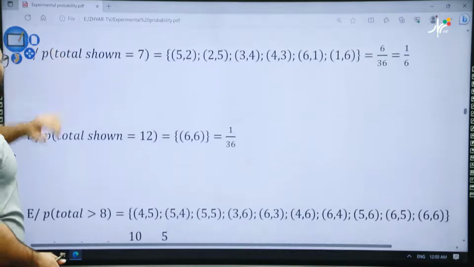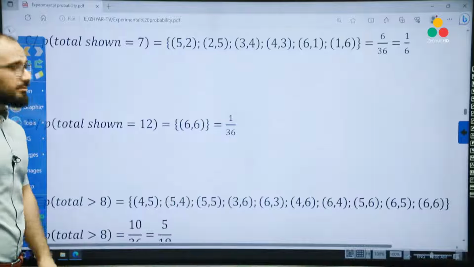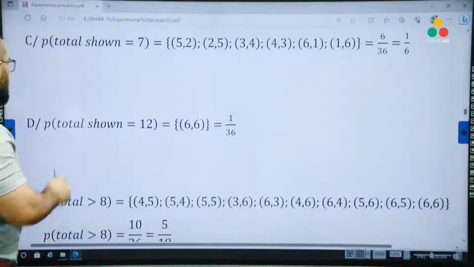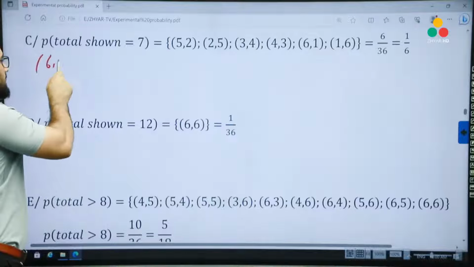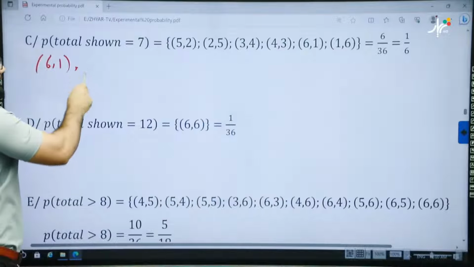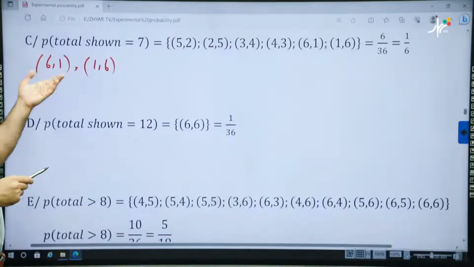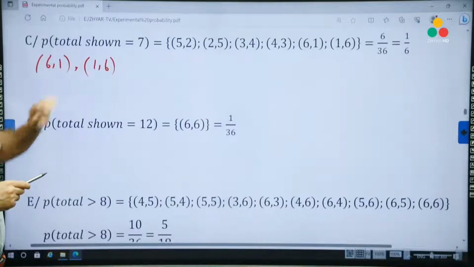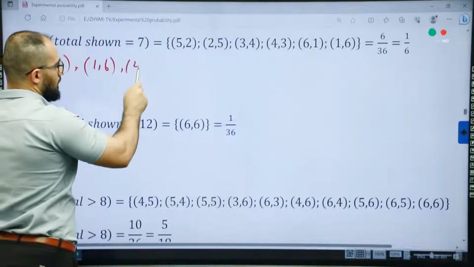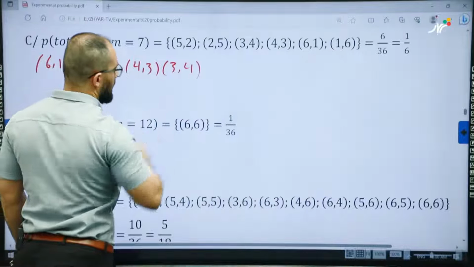Then question C, P total shown 7. It means you have to add two numbers that give you 7. So the results are 6 and 1, because 6 plus 1 is 7. Then 1 and 6. Always when you write an ordered pair, then after that write the opposite. 6 and 1, 1 and 6. 4 and 3, then the opposite, 3 and 4.